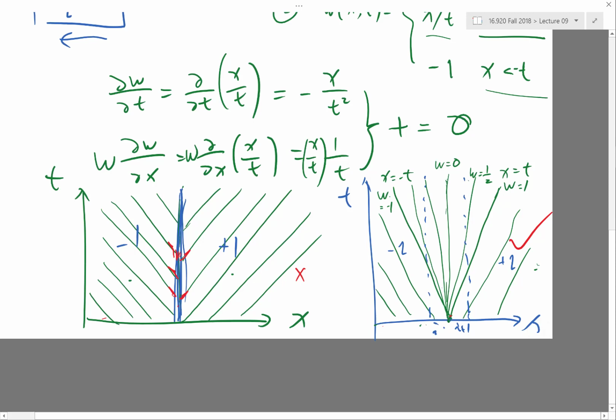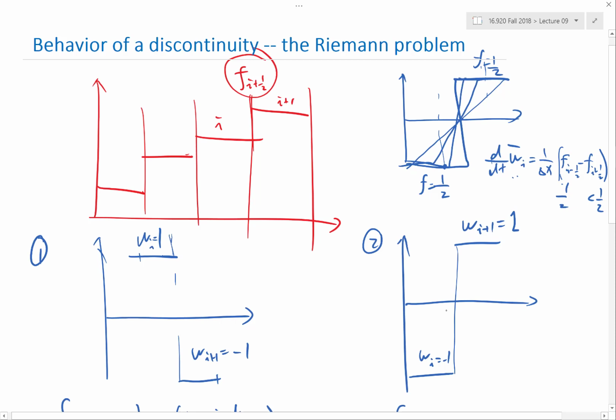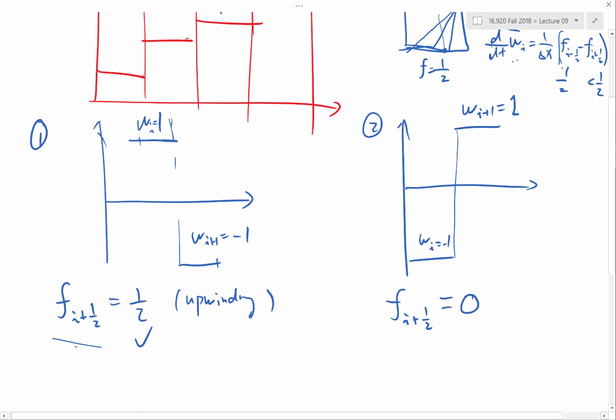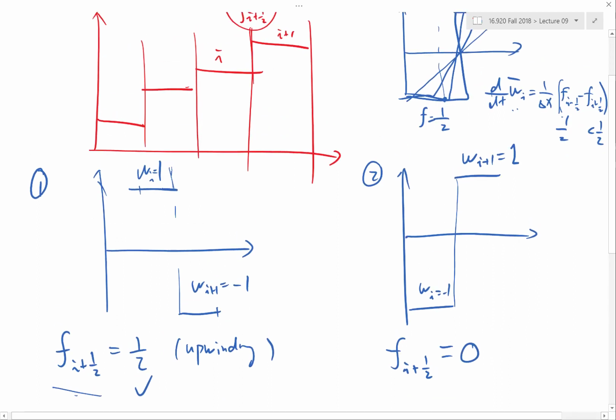If you look at the physically correct solution, what is the flux after an infinitesimal amount of time? 0, right? So after an infinitesimal amount of time, the physical solution is going to have a 0 value at the interface. Therefore, the correct flux should be 0 squared over 2. Does it make sense?